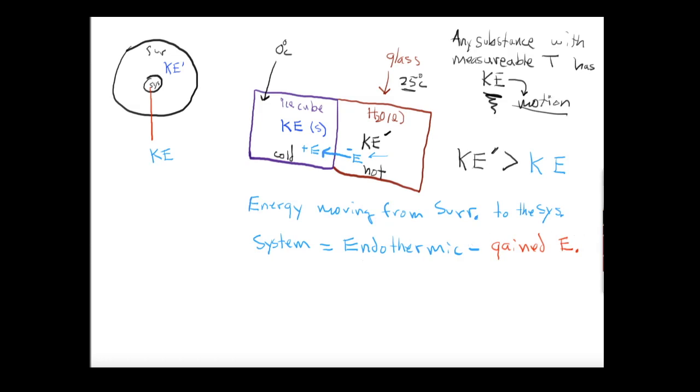All right, and for the surroundings, we call this process exothermic, because this system lost energy.